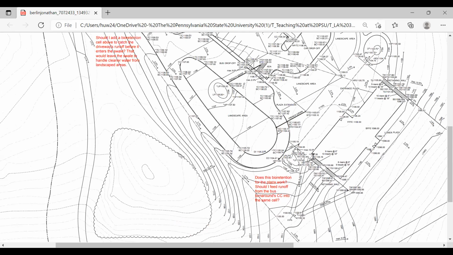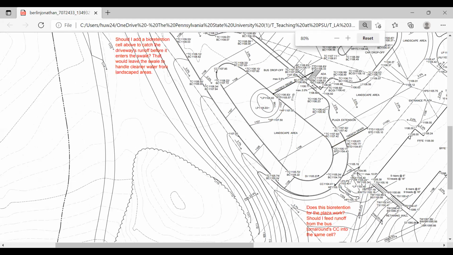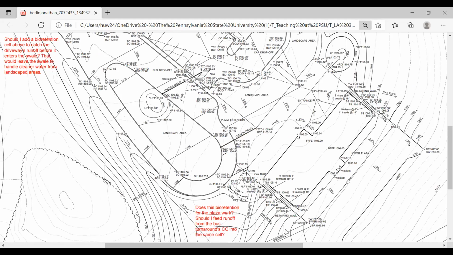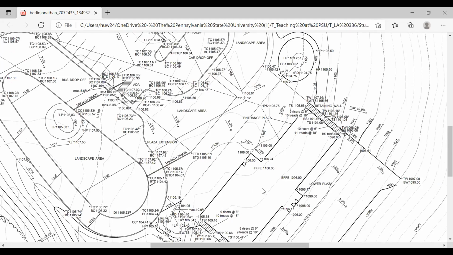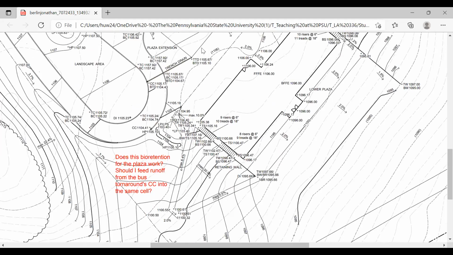All right, so let's look at the right retention first, and then we'll look at this area. Some things that I noticed, I'll just point out. The wall here needs to be thick.